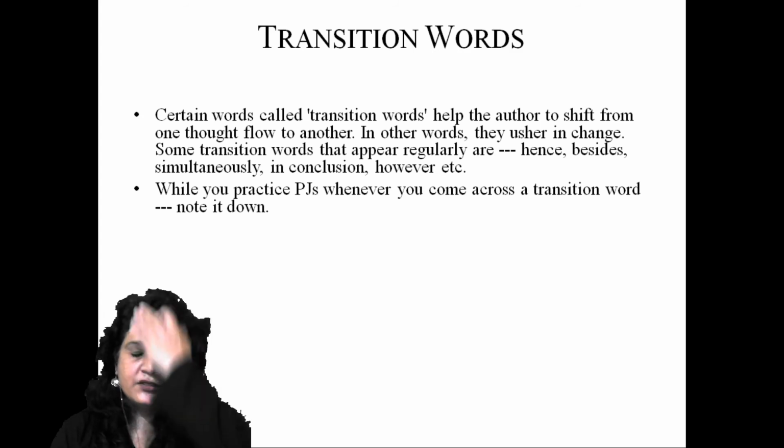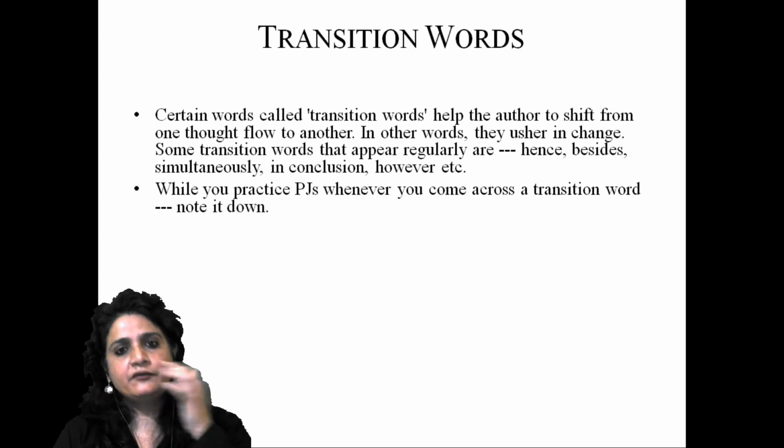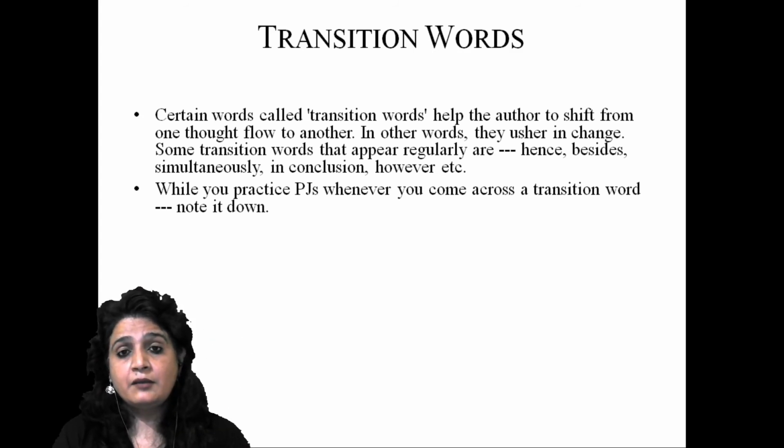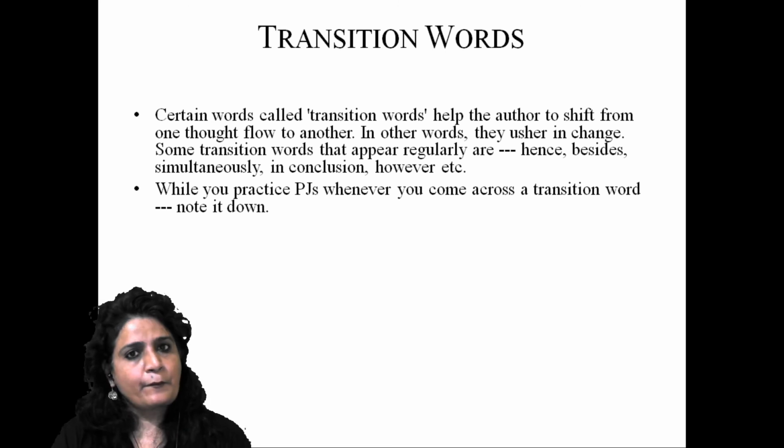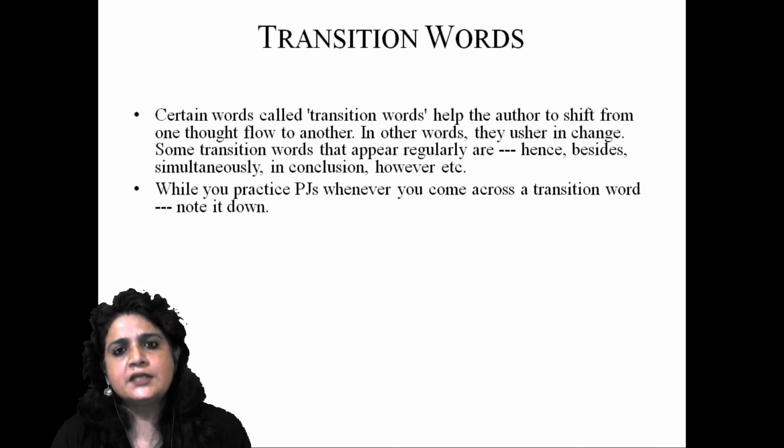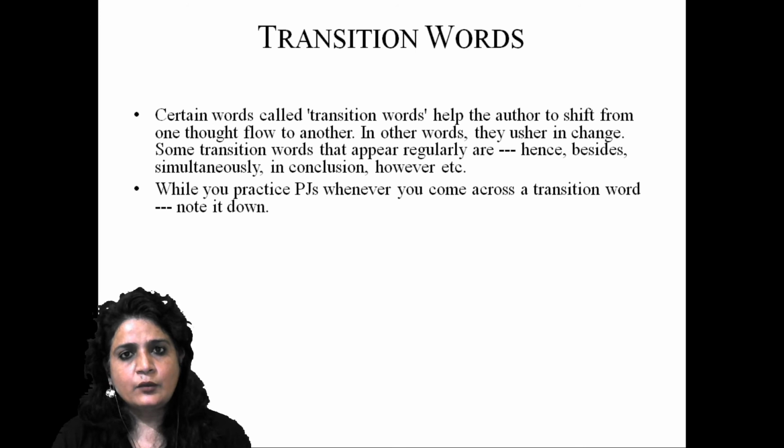Now, another strategy which gives you the mandatory pair of sentences in a paragraph is the transition words. As we discussed, the important element of a paragraph is coherence, and coherence is brought by using transition words. The transition words link the sentences skillfully with each other, and they complete the paragraph.